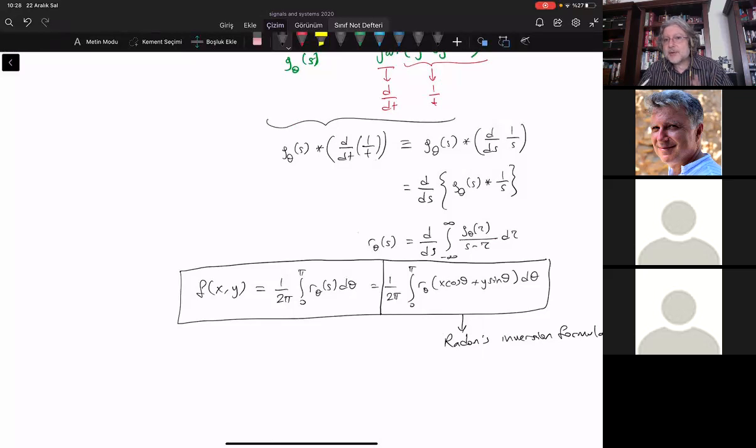The Radon transform is not our discussion topic. I'm not going into the details of that, but I want you to learn it. That's why I tend to ask those Radon transform questions in the final take-home. So you will have to do the research to solve those questions anyway.